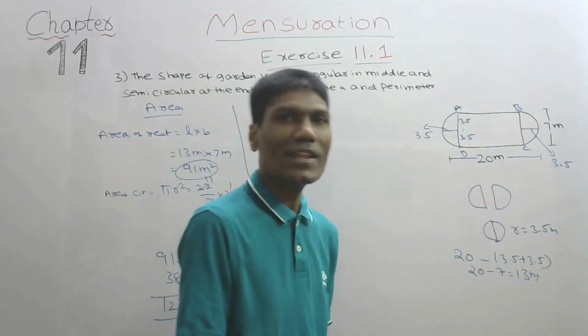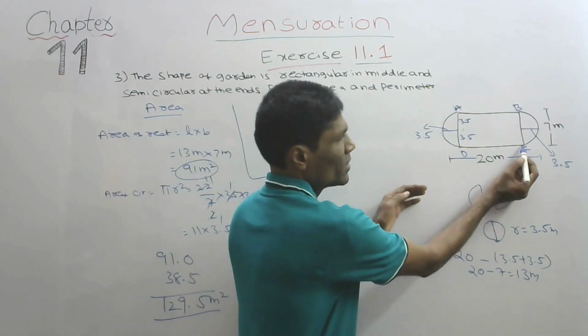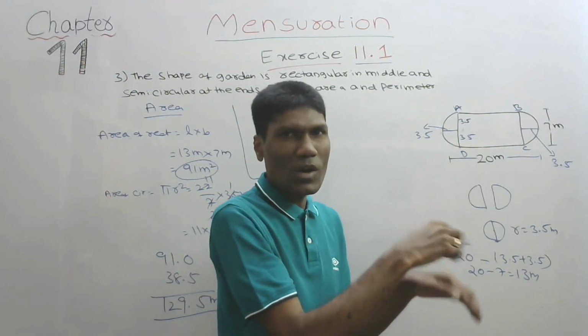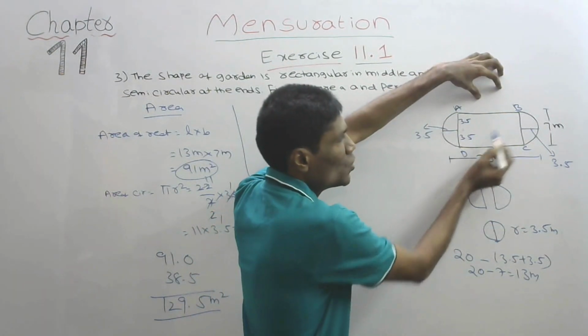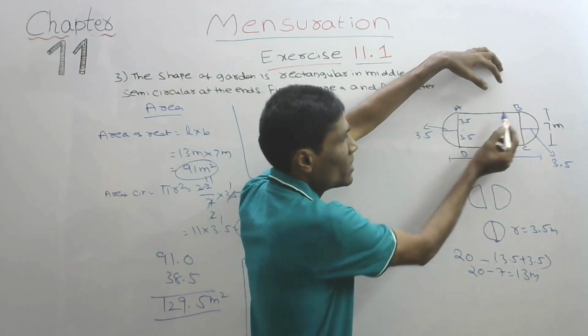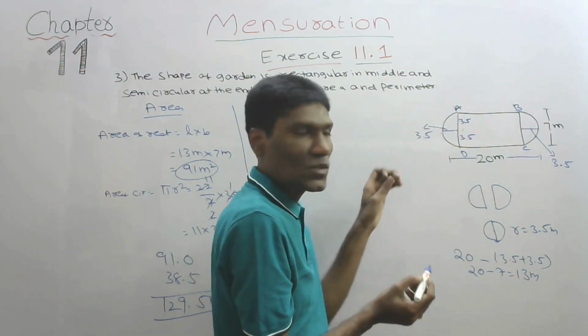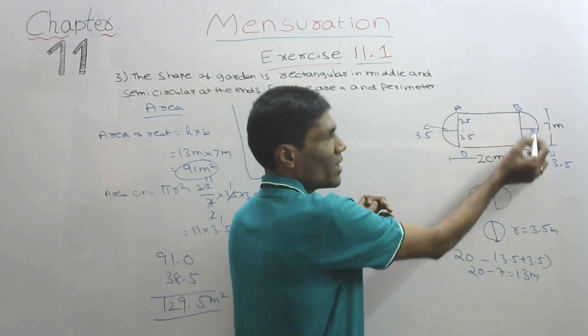Now let us find the perimeter. So how to find it? See, what is the perimeter? Sum of all the sides. So here, these two we will sum up, then we will find this and this. Okay, so what is the perimeter? This, like this, like this, like this.